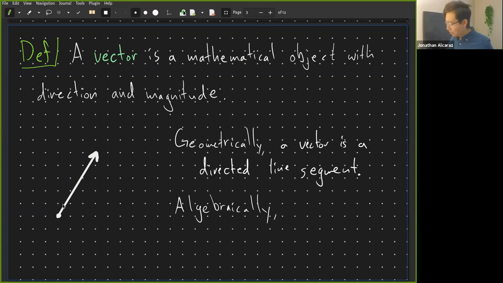And you could picture it living in either 2D or 3D space. So you can have line segments in 2D space, you can have them in 3D space. And again, later we're going to learn about what it means to even have them in higher dimensional space. But then what about algebraically? Well, maybe you remember this again from some other class, maybe like a physics class.